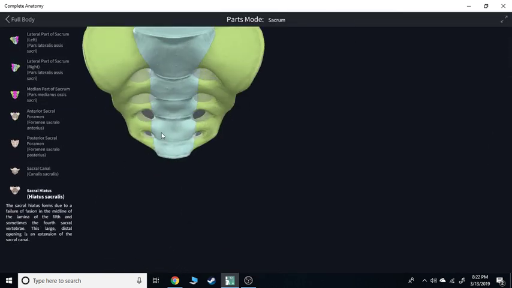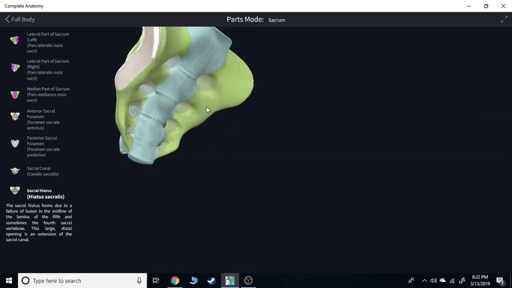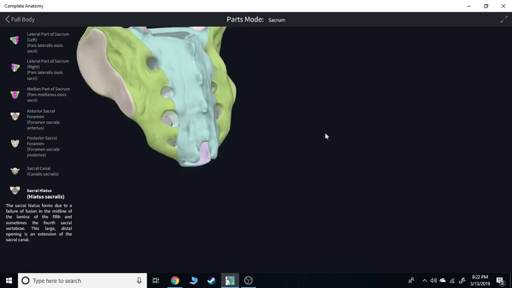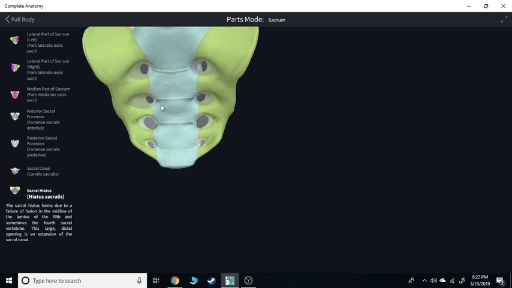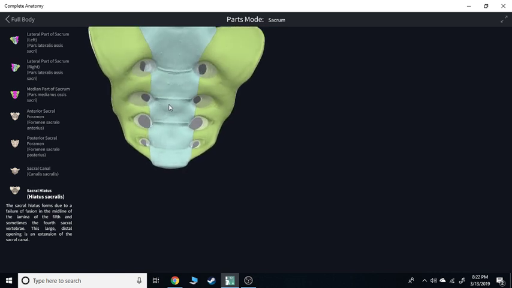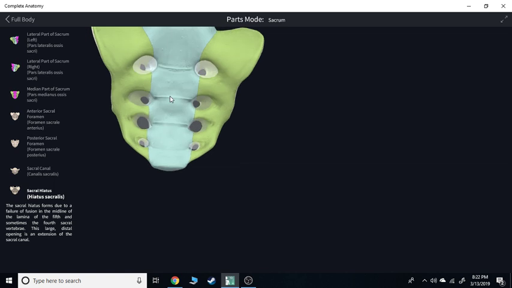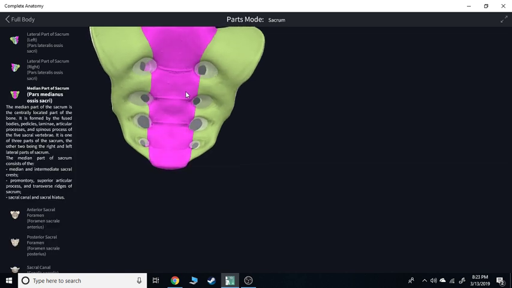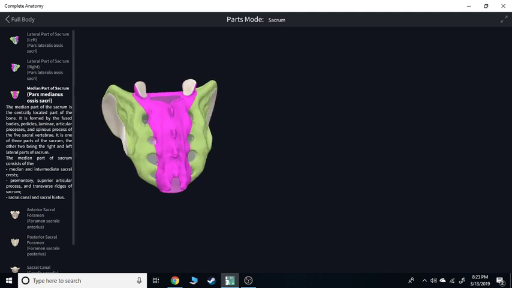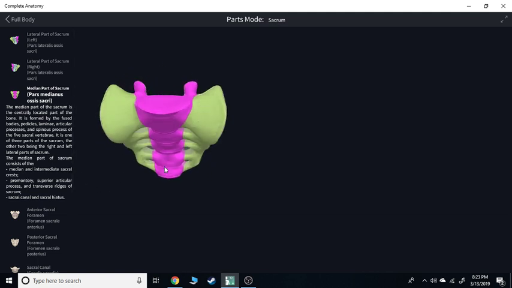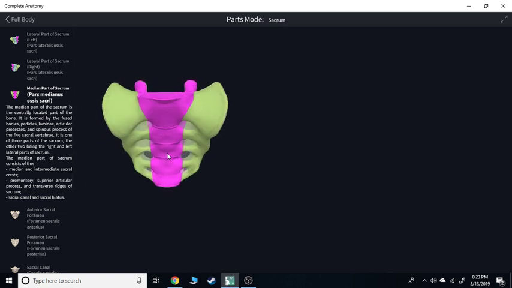The sacral hiatus. Doesn't look like anything's highlighted there. Okay, well here's the median part of the sacrum. It's pretty simple. It's just the middle part, median, middle.